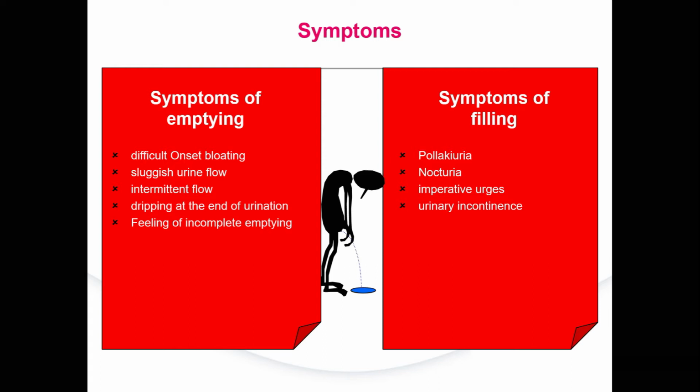The pollakiuria means frequent urination more than 8 times a day. Nocturia means frequent urination at night time more than 2 times. Imperative urge means that we have the urge to urinate, which we need to control very hard. And urine incontinence is when we can't control the urination.